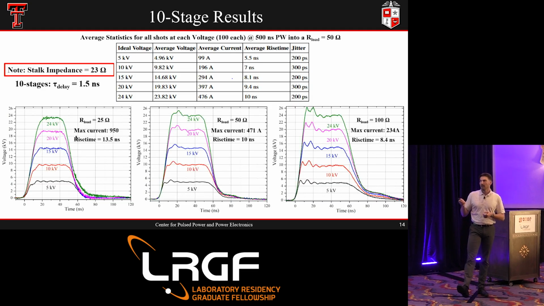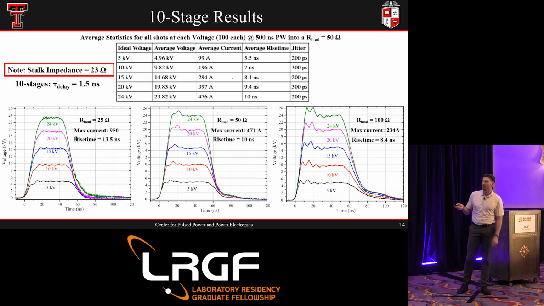Who cares? Well, this is proving that it does matter, because at these very fast pulses, so 50 nanosecond pulses and quick rise times, when your load and your stock impedance are mismatched, you get these reflections in your transmission line. When the mismatches get really bad, so this is 4 times the stock impedance over here, you get these spikes.